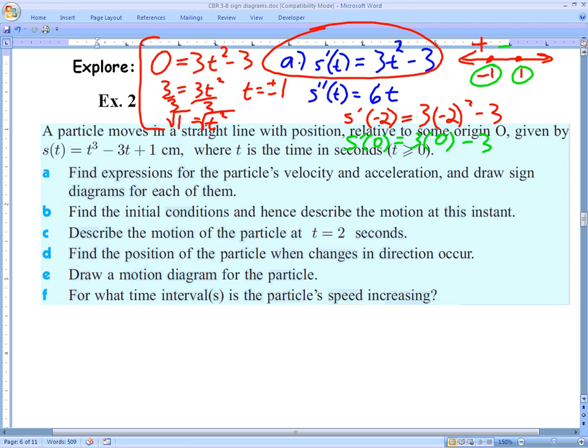Negative values in between -1 and 1. And then last but not least, do a number greater than 1. So s prime of, well, let's try 2. You could also do 10, 5, any number that you want to plug in, but I'm going to do 2, some number greater than 1. I have 3 times 2, which gives me 6 minus 3 gives me a positive number. So my sign diagram goes positive, negative, positive.